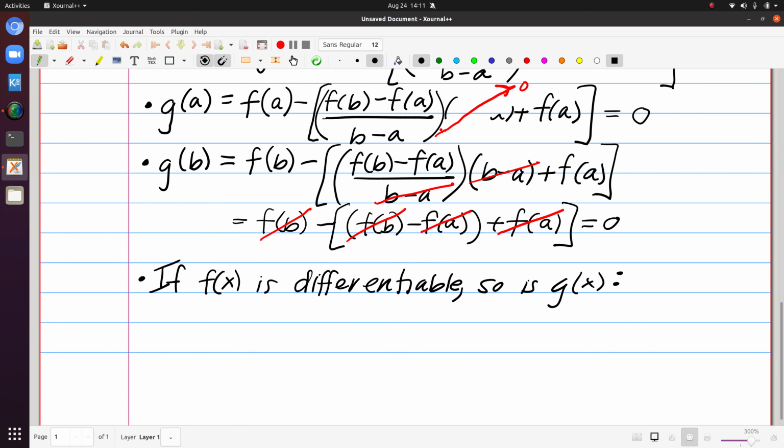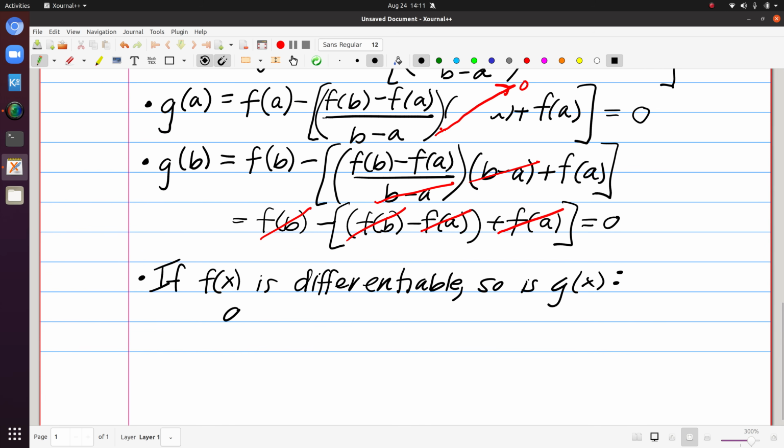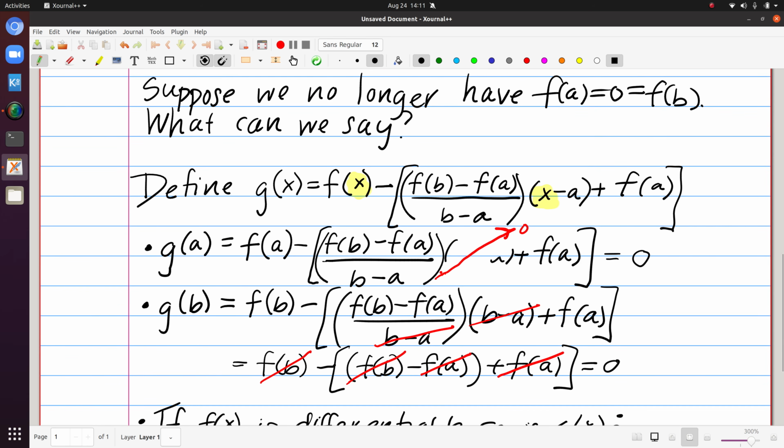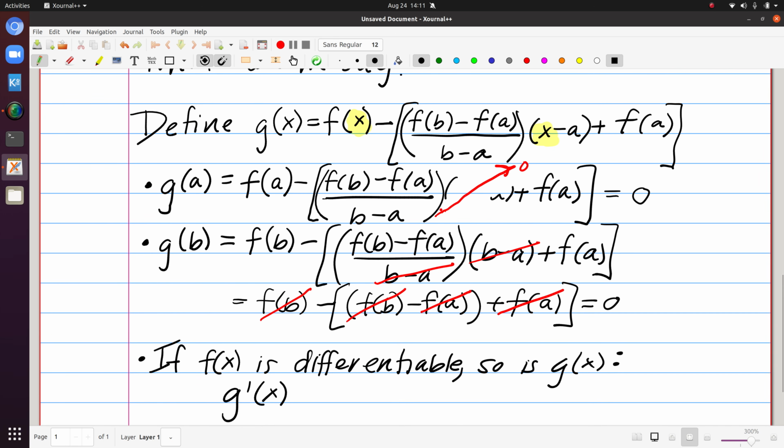And we can actually compute that derivative. So g prime of x, if you come back to this definition of g, keep in mind again what is constant. So f of b minus f of a over b minus a is constant, f of a is constant. So in taking the derivative of g, I'm going to get f prime of x.